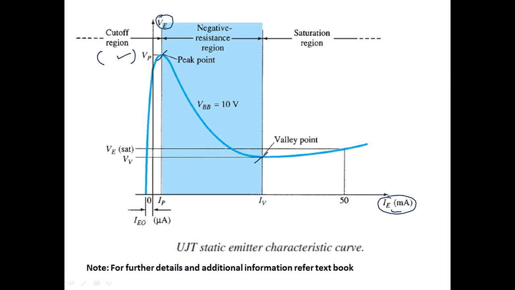Negative resistance in the sense that as the voltage increases, the current is reducing here. Hope you can understand. That is called the negative resistance region, and beyond that you will obtain a valley point. After the valley point, it's completely the saturation region.